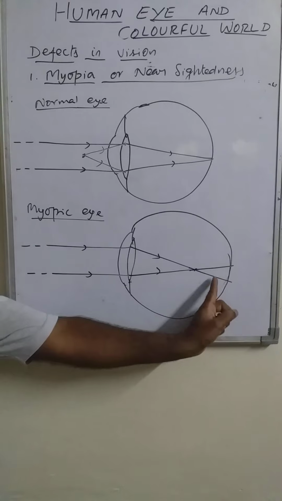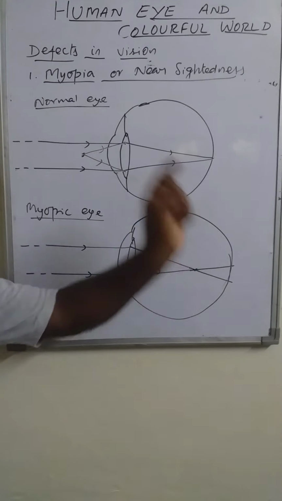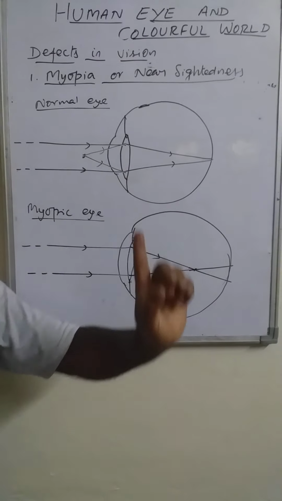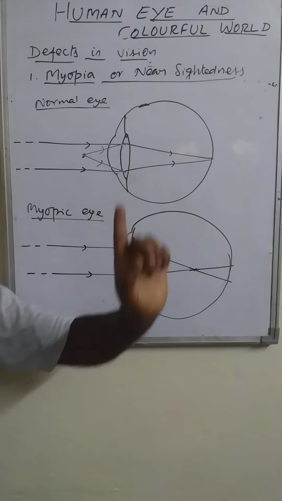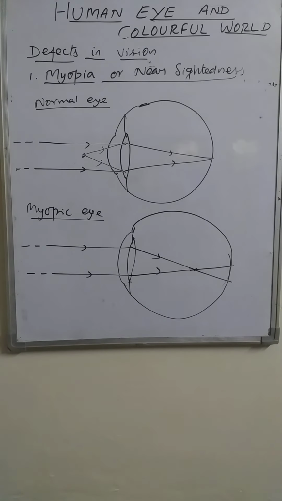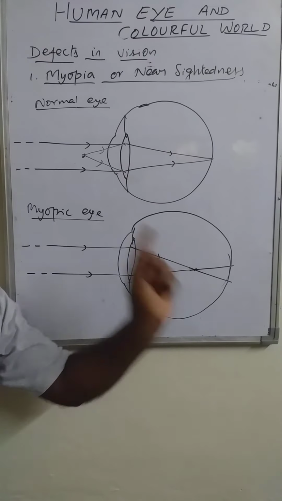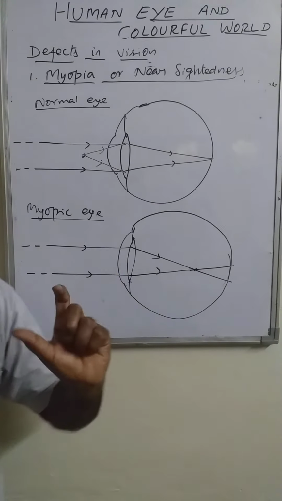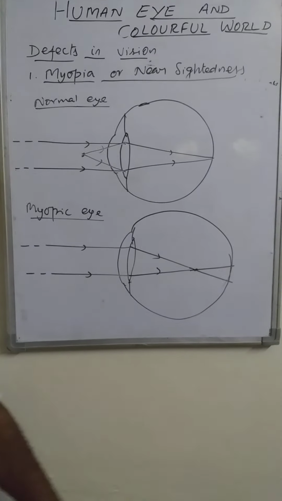To the retina also light rays are reaching. But to see that image distinctly, sharply, clearly, the light rays must be converged at that point. But they are not converging at that point. Before that point, they are converging. So on the retina, we are getting the light rays from the object, but that image is blurred. We are seeing the blurred image on the retina.